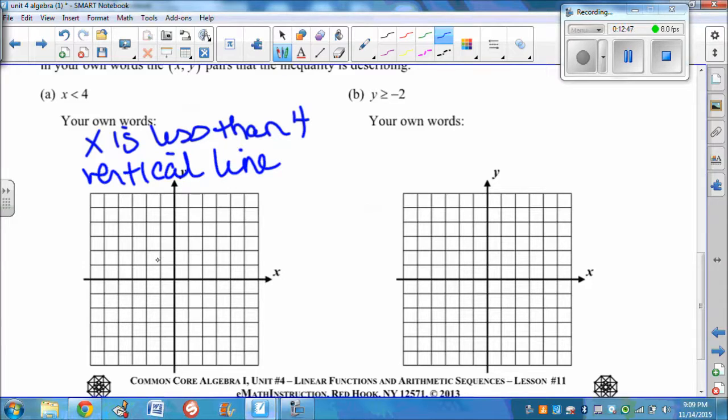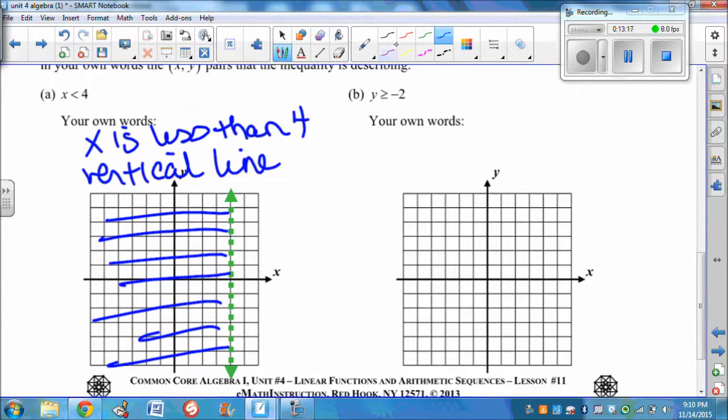And it's not equal to, so where is 4? 1, 2, 3, 4, so it has an x-intercept, and it's going to be a dotted line, okay, because it's not equal to 4. Dotted line. And now where are all the values of x less than 4? All the values of x less than 4 are to the left of that.